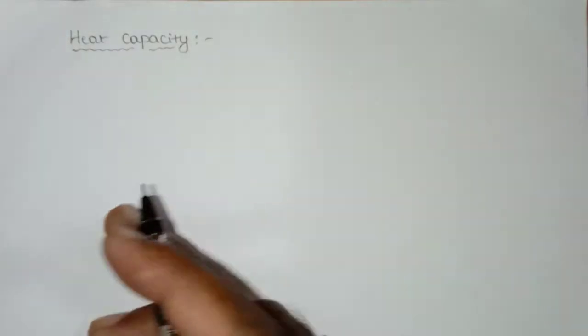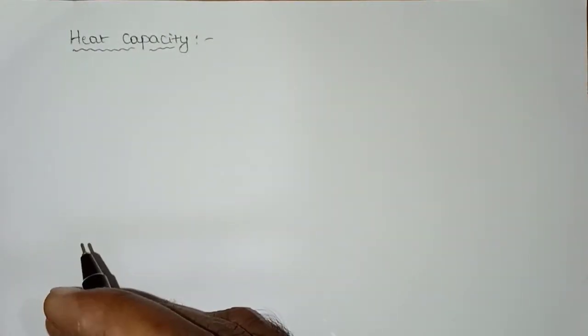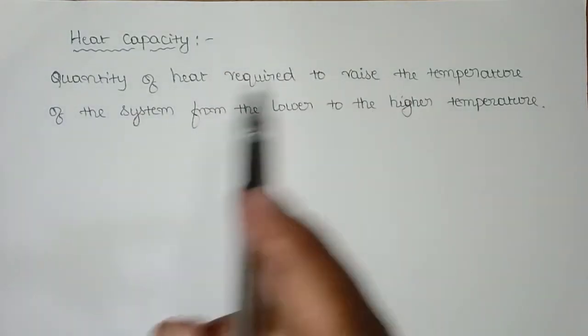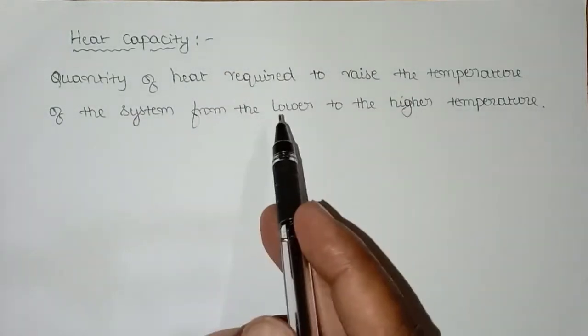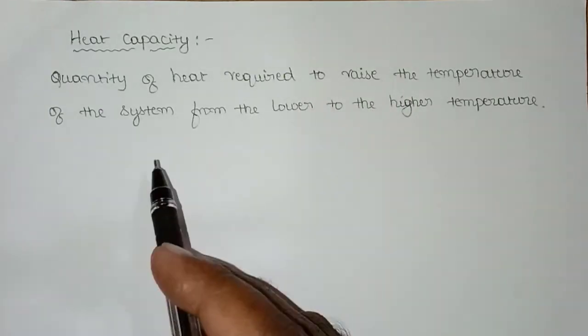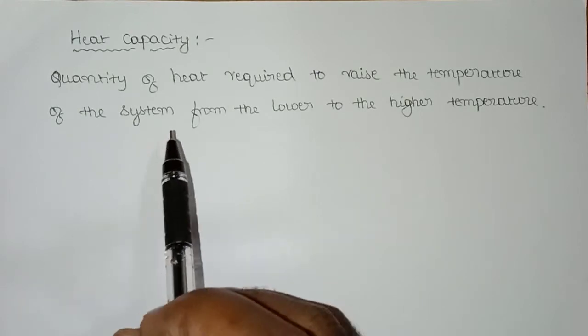So in a single sentence, we can define heat capacity as the quantity of heat required to raise the temperature of the system from lower temperature to higher temperature. This is the simplest definition we can give for heat capacity.